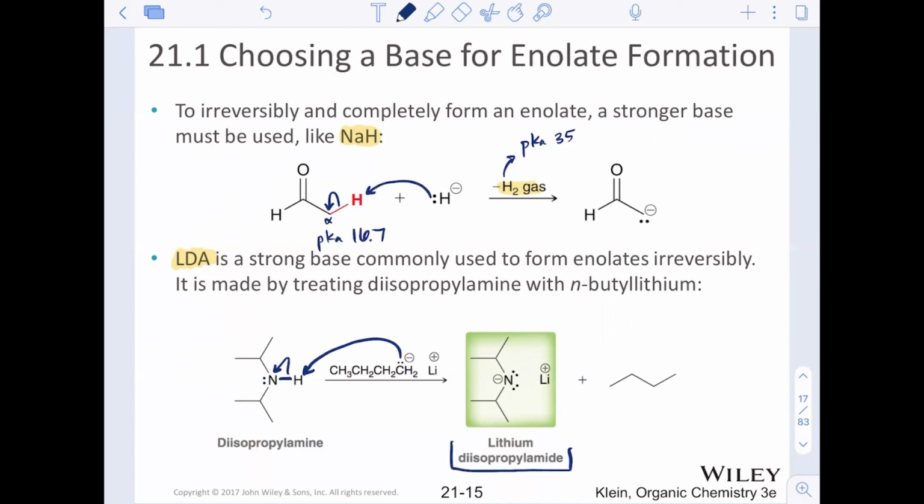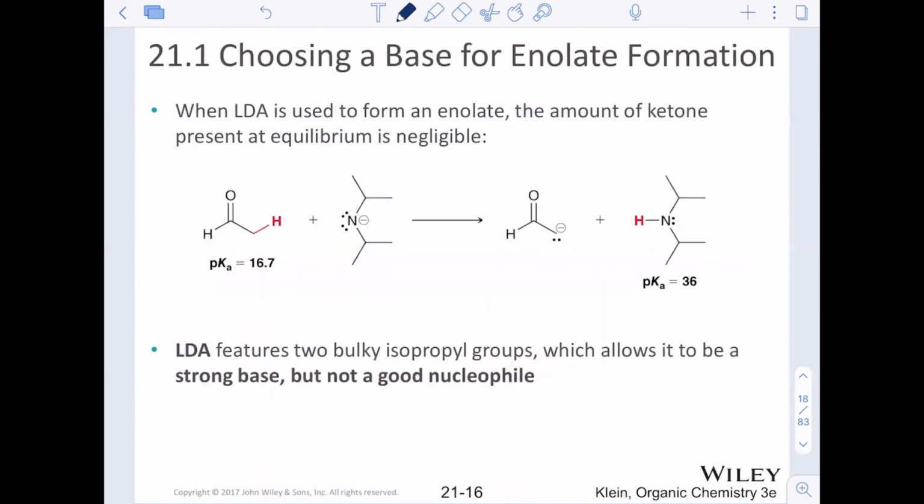Why is it a great base? It's large, so it doesn't want to substitute. And it is a nitrogen with a negative charge. It is very, very reactive. When LDA is used to form an enolate, the amount of ketone present at equilibrium is almost zero.